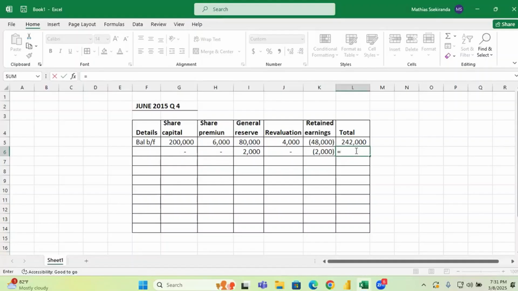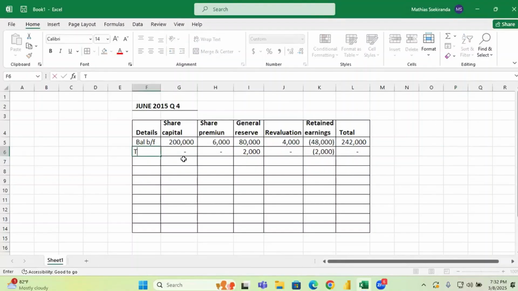I said profit for the year is taken to the retained earnings. Therefore, we don't have a column called profit for the year here, but in essence, you know that profit for the year goes to the retained earnings. So transfer 2 million from retained earnings, take it to the general reserve.